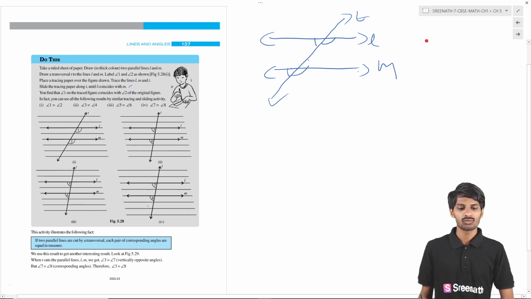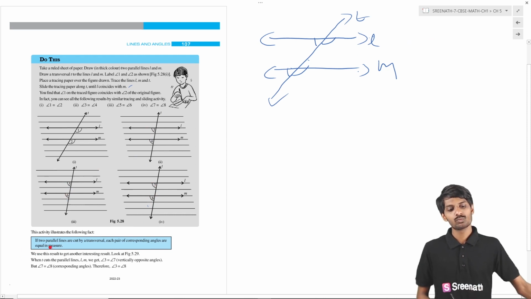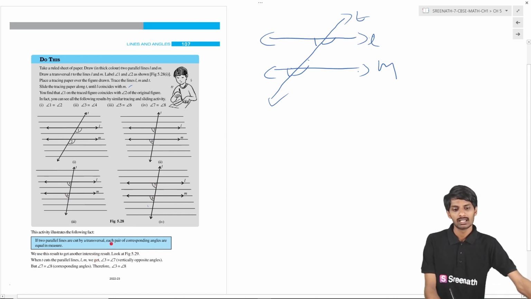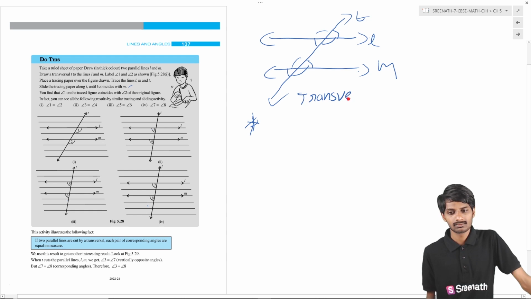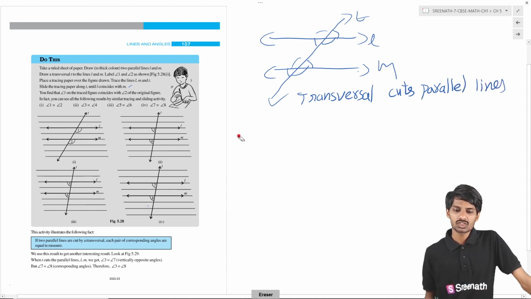So finally what we can say is that if two parallel lines are cut by a transversal, each pair of corresponding angles are equal. So these two are also equal, and these two are also equal. So finally, if a transversal cuts parallel lines, what is the first thing you have to remember?